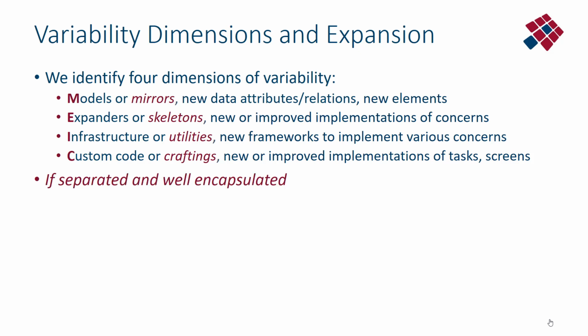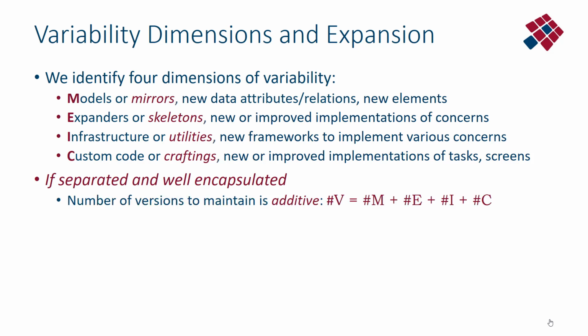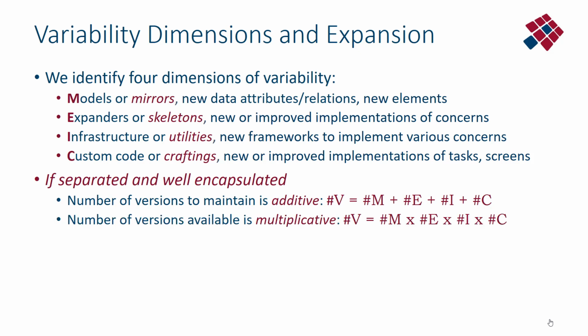It is absolutely crucial to separate and encapsulate these dimensions very well, because if we do, we get the ultimate benefits of modularity, enjoying having the product of all the various versions and variants at our disposal, while only having to carry the burden of the sum of the various versions and variants of every dimension.